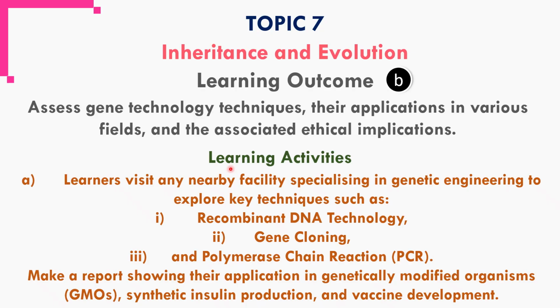We have been looking at learning activity A, whereby we first looked at genetic engineering to explore key techniques such as recombinant DNA technology, gene cloning, and polymerase chain reaction, PCR. And we have also looked at the report about their application in genetically modified organisms, GMOs, synthetic insulin production, and vaccine development.